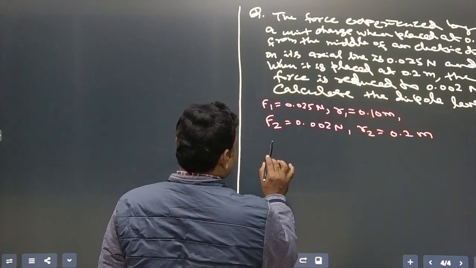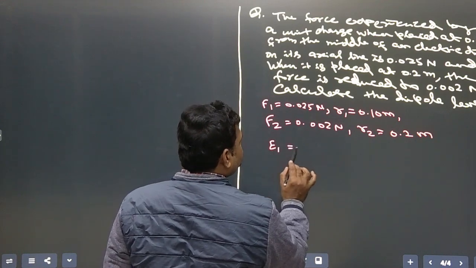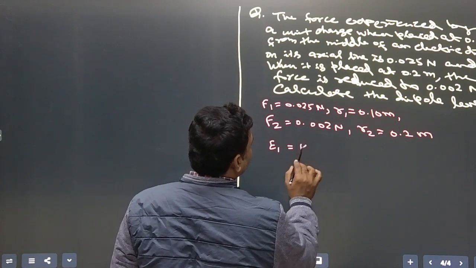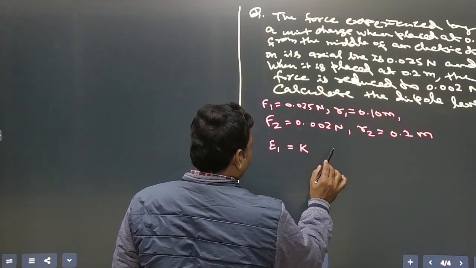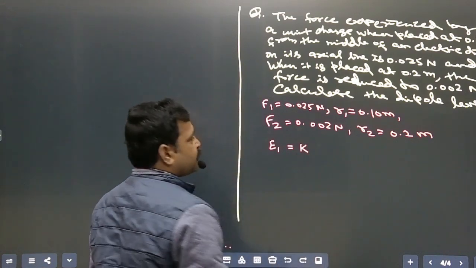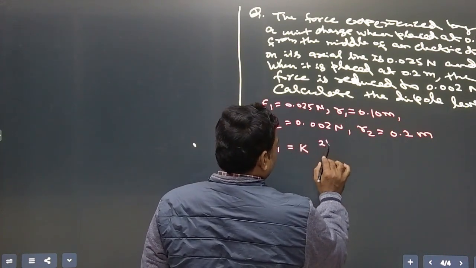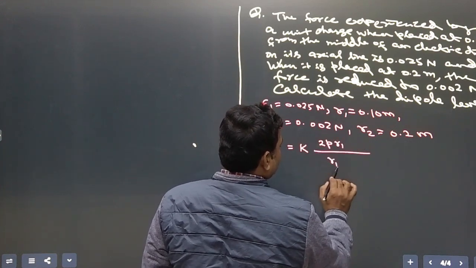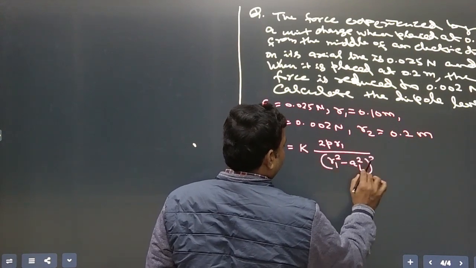For the first case, the E1, the formula on the axial line is, we know, K 2P upon R cube, and the other formula is K 2P R1 upon R1 square minus A square, whole square.